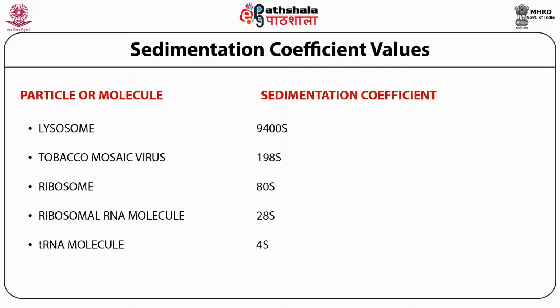On the other hand, a protein like hemoglobin has only 4.5S. So these known sedimentation coefficient values of some biological molecules have been utilized for the determination of the ultracentrifugal properties of molecules using ultracentrifugation techniques.